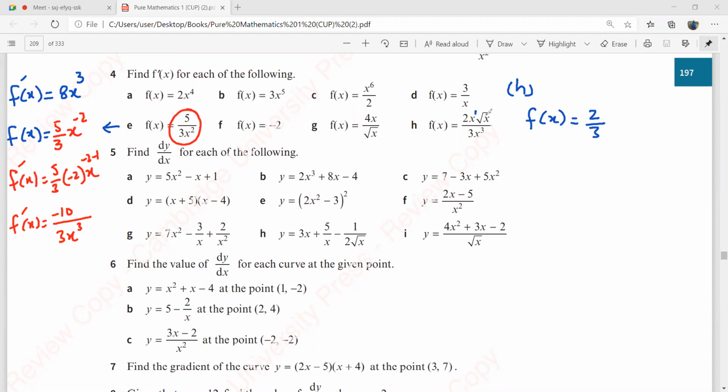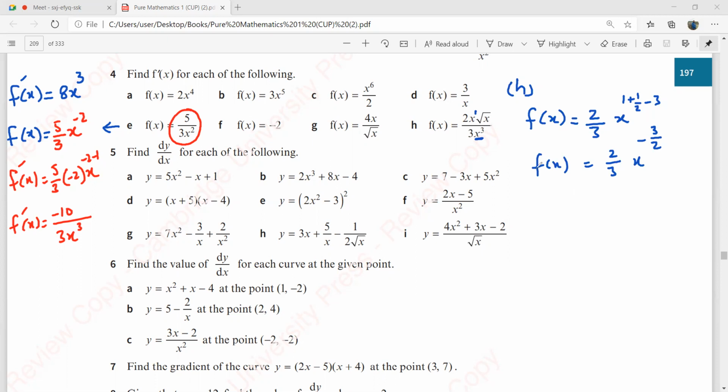This is x to the power 1, this is x to the power half. So I have here 1 plus half and then minus 3, because this x cubed, this 3 would be subtracted from these two powers. So this is 2 over 3 x raised to power 1.5 minus 3, and minus 1.5 is left, that is minus 3 over 2 is left here. So this is my f of x.